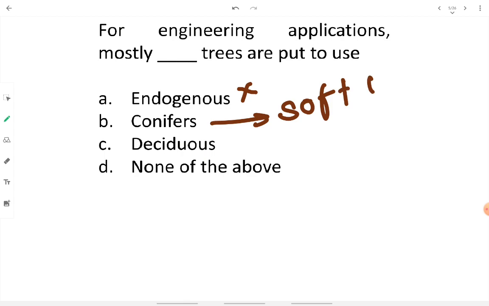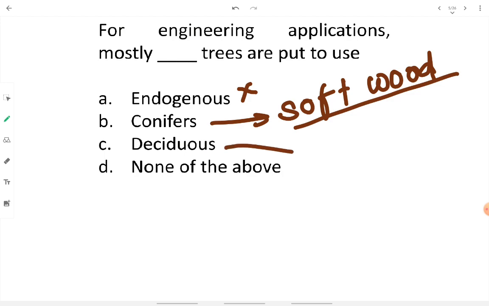Now in all practical engineering application, we need better strength and good durability of the wood. That's why we will not go with softwood, which is liable to deteriorate with time. It is prone to breakage, it is susceptible to damage. That's why we will not go with conifer.